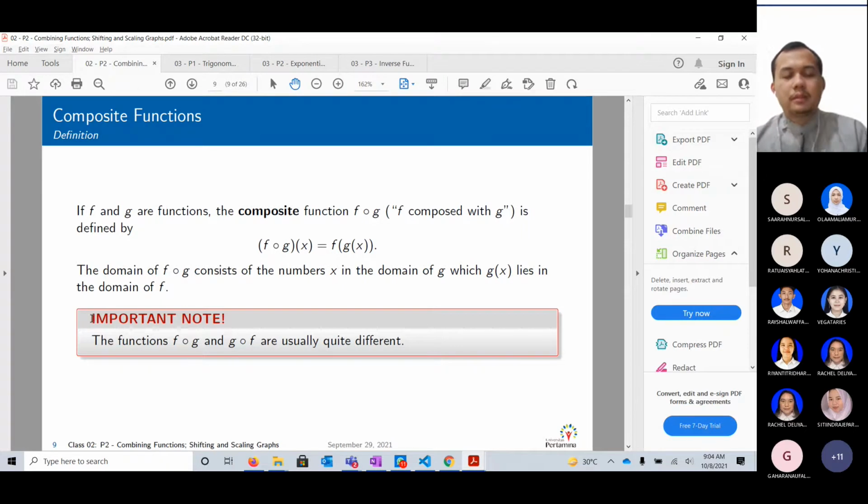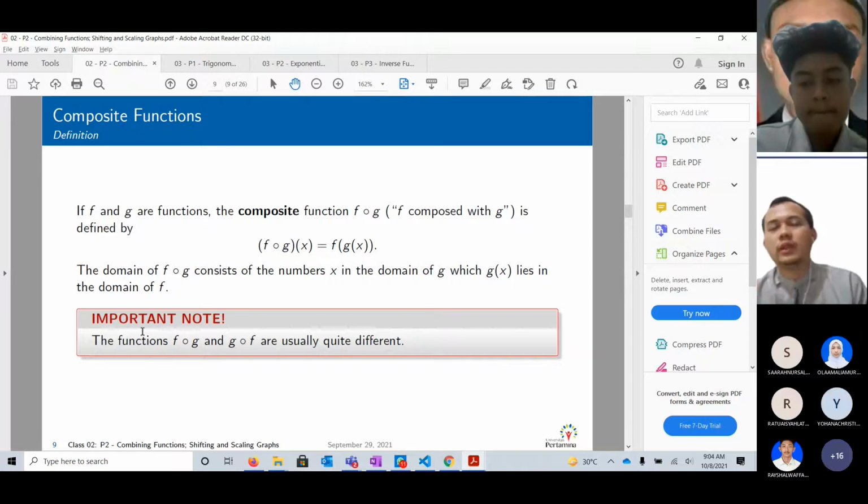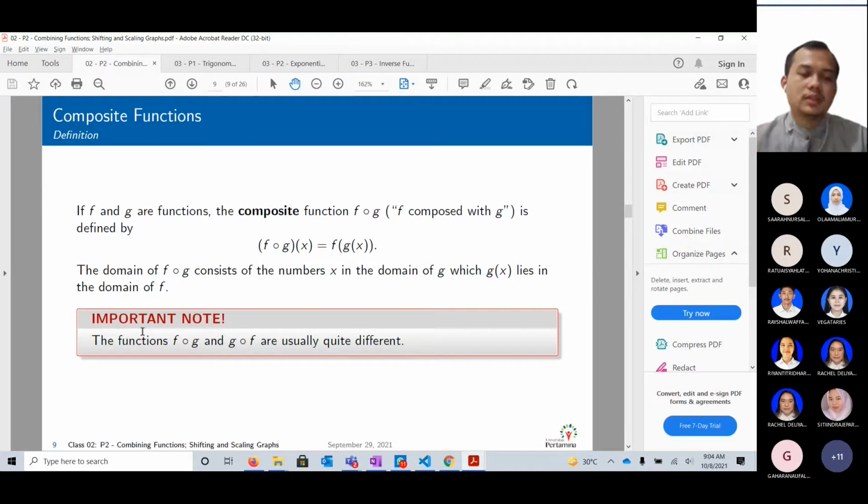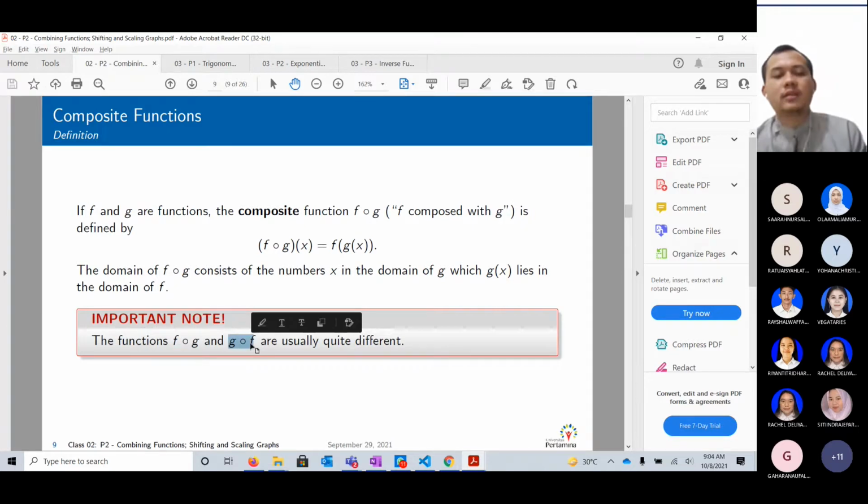The important part of this composition function is that you have to take note and pay attention, because f composed with g and g composed with f are in general quite different. In general they are not the same, so we cannot simply flip the position of f and g.